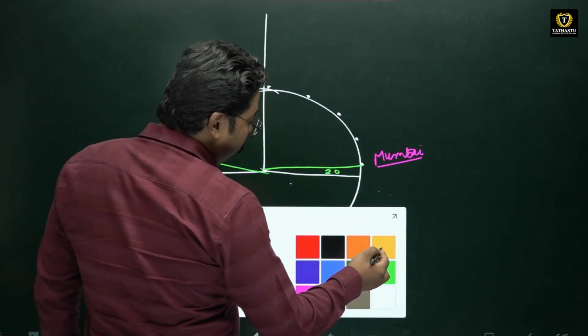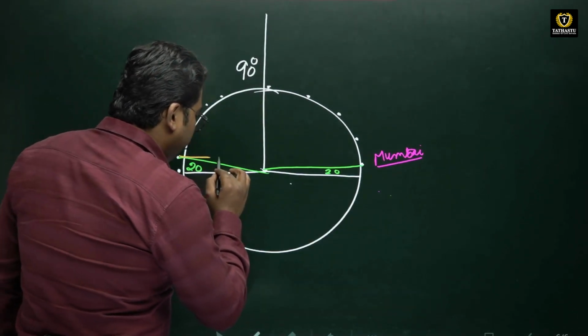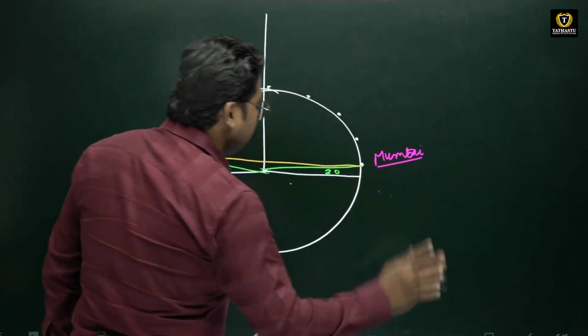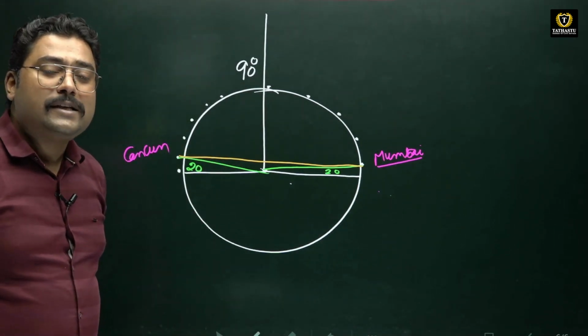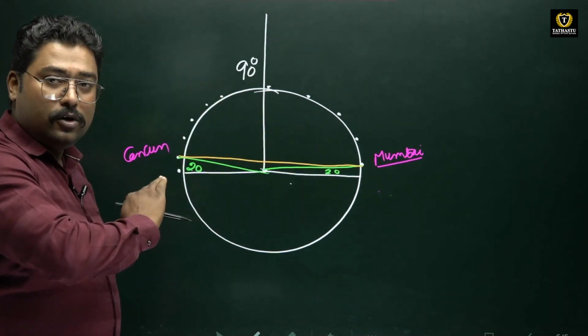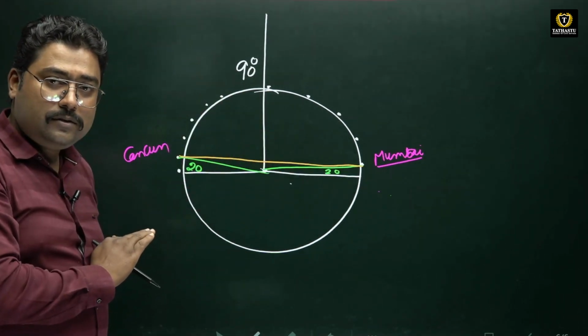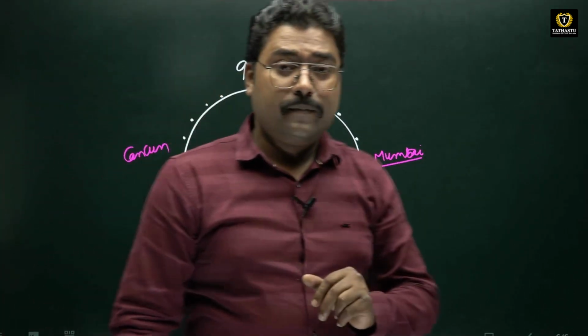Now what we will do? We will draw one line which will connect the places located on both sides of the earth on the angular distance of 20 degree.